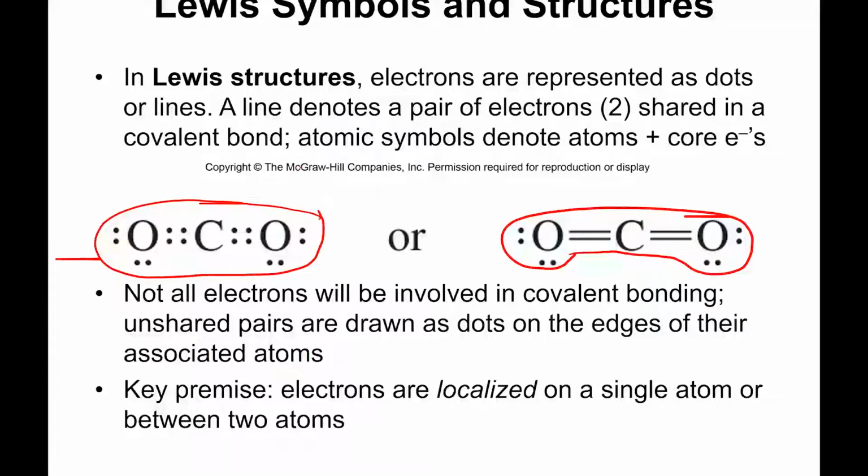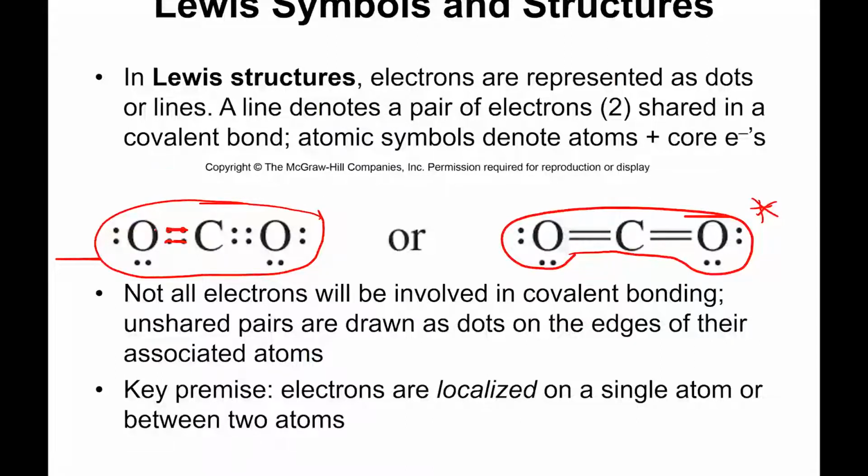We are going to be moving towards structures that look like this in the future. We're going to be doing a lot of line drawing. So get used to the idea that when two electrons come together, they form a bond. So again, the line denotes a pair of electrons shared in a covalent bond.